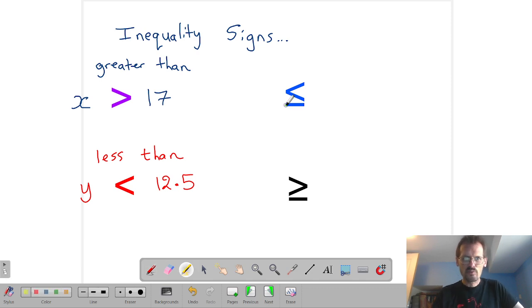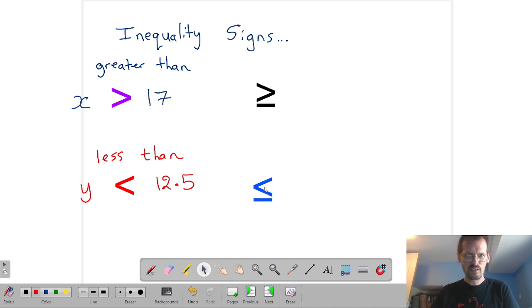Now the other two, you'll notice, I've got a little line underneath them like that. Makes it look a little bit like an equal sign. What these two mean is the same as the first two.